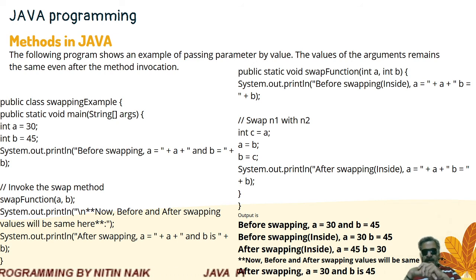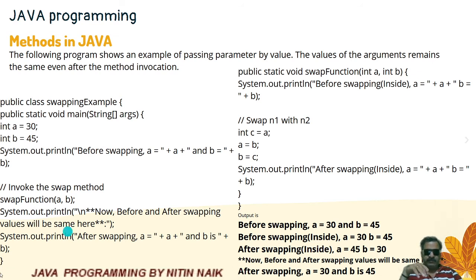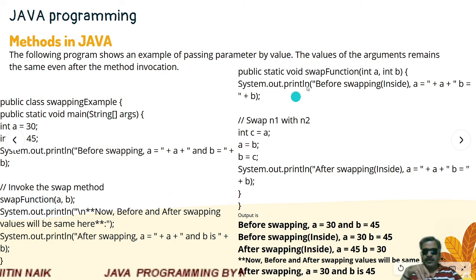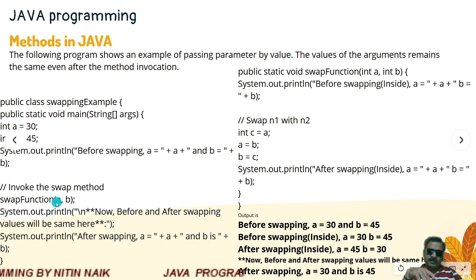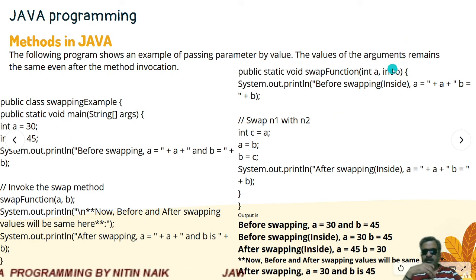System.out.println before swapping values of a and b. Now the swap function is invoked here. Swap function (a, b). Now where is this swap function? Swap function is here. Which values are passed? a and b. These two are called actual parameters, and as these a and b are parts of this function, you can use the same variables which are used here. So value of a becomes this a, value of b becomes this b. Here values of a and b are 30 and 45, so here also values of a and b become 30 and 45.